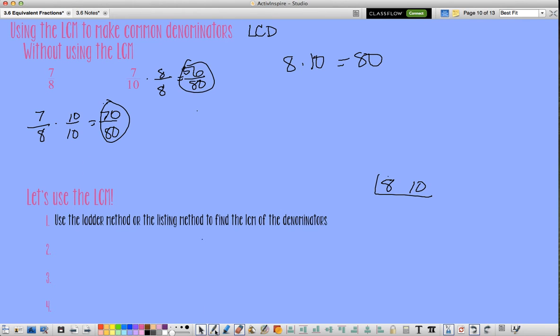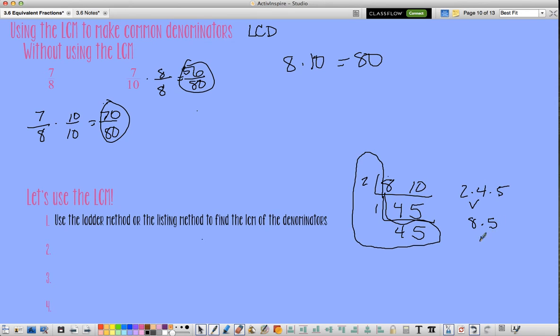Here both of these are divisible by 2. I get 4 and 5. Both are divisible by 1. Now it's the LCM, so I have to make my L. And I do 2 times 4 times 5. I'm going to do 2 times 4, which is 8, times 5, which I know is 40. So the LCM in this case is 40.